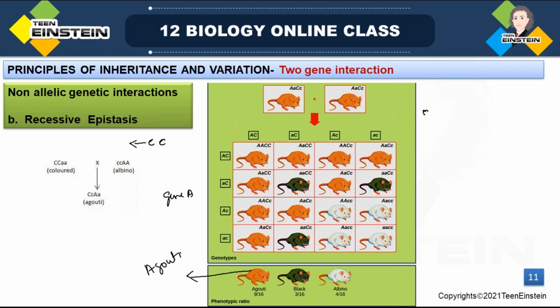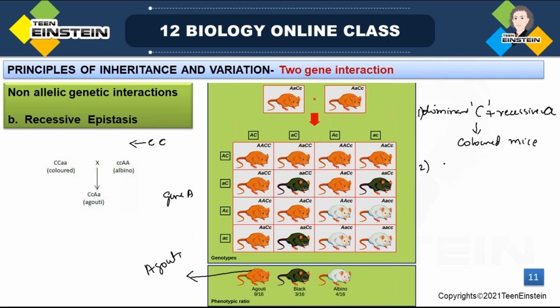Here dominant C gene plus recessive A. This forms colored mice. Okay. This is the first one.